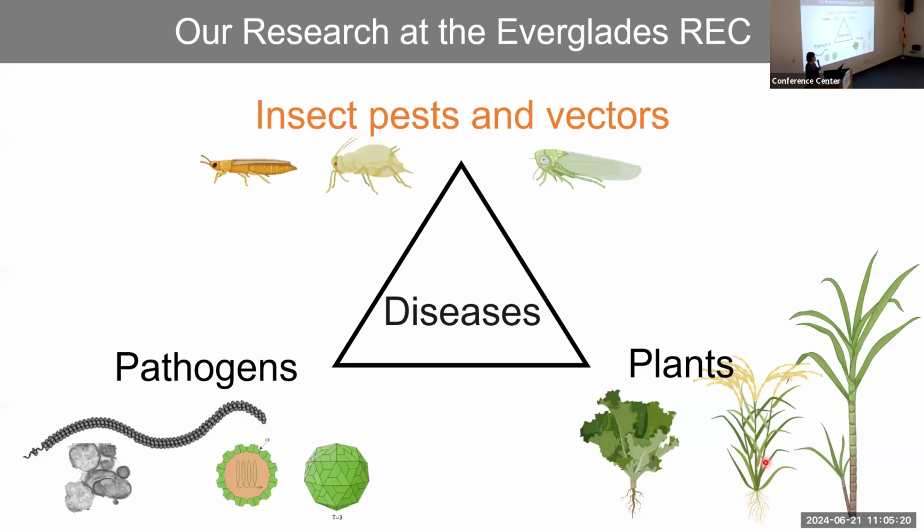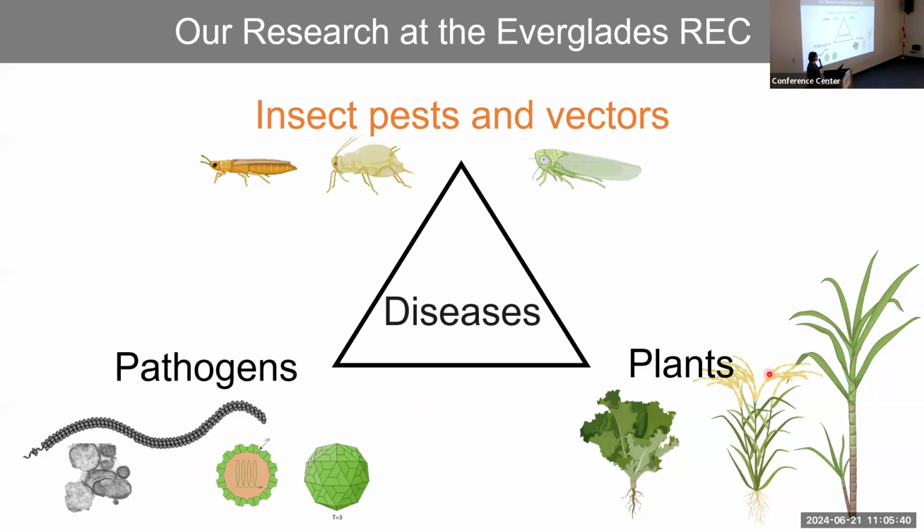What we are studying is insects and pathogens associated with these plants. For example, thrips, aphids, and leafhoppers and planthoppers are all very efficient in pathogen transmission, and these pathogens occur in these plants.